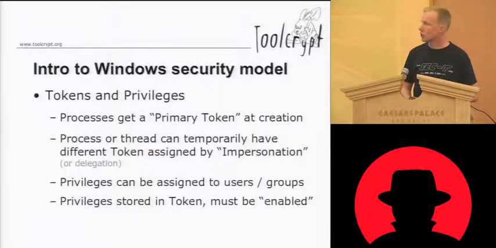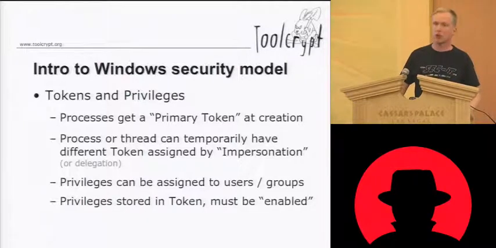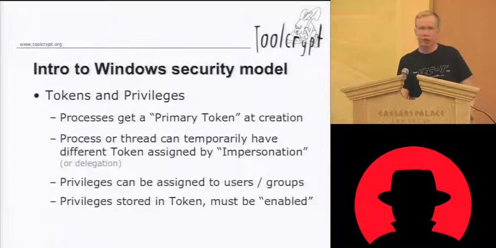And there's a lot of these that can't be controlled by regular DACLs in a security descriptor, and are controlled by privileges. So these privileges are stored in a list in the token, as I said, and by default they are disabled.